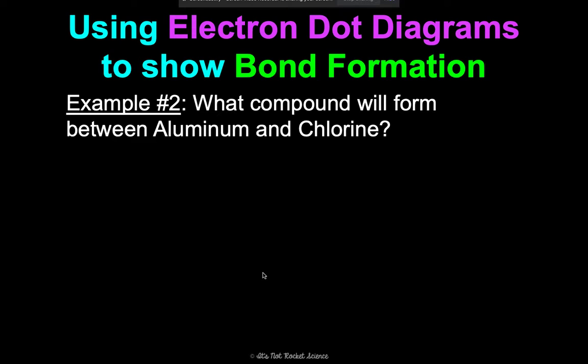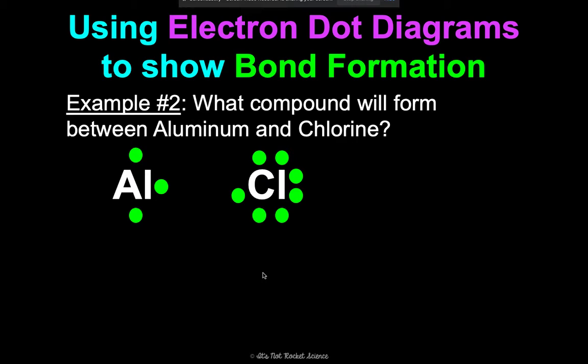Example number 2 is aluminum and chlorine. This is what aluminum looks like before we place our electrons on there. Aluminum has 3 valence electrons. Chlorine again has your 7, just like this. So you're going to transfer the 1 that aluminum needs to give away to chlorine to make it complete, and chlorine is good to go.